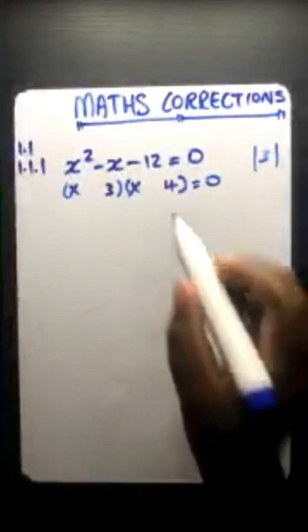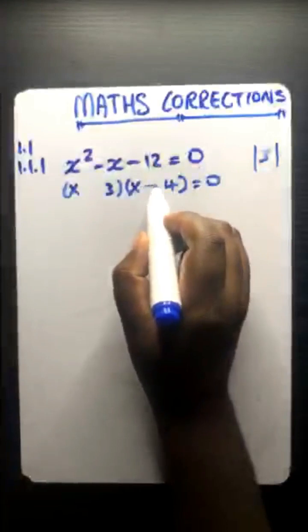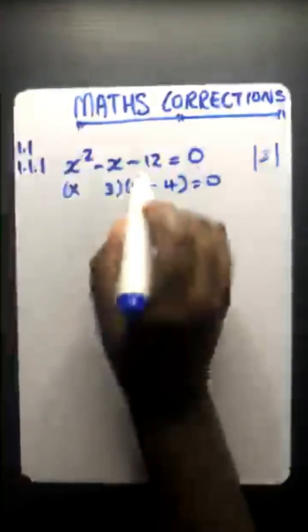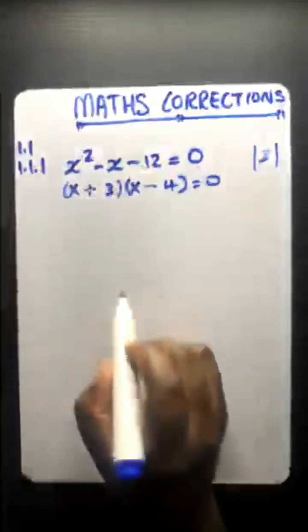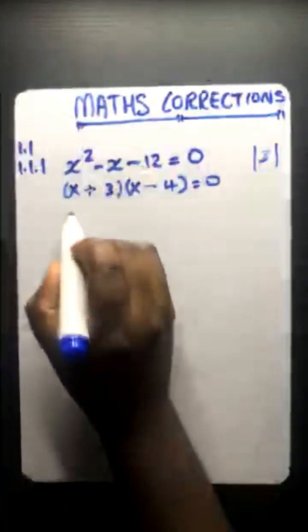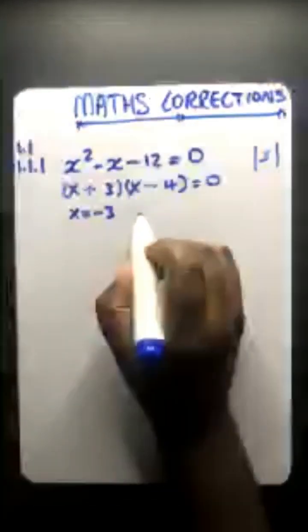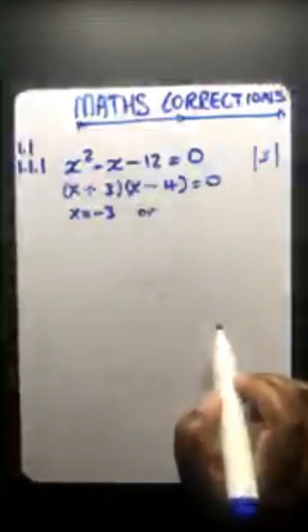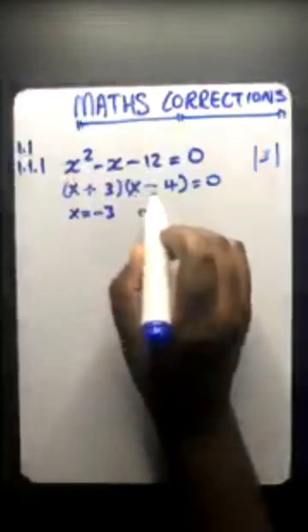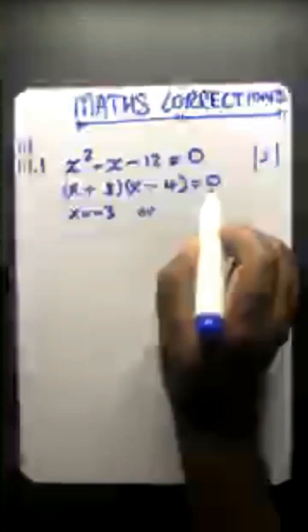Most importantly, the bigger number takes the sign of the middle term. It's going to be negative, and then to get a negative 12, it has to be a plus there, meaning I'll just have that being equated to 0. x plus 3 equals 0 goes to the other side, and then x is equal to negative 3. Also, x minus 4 is equated to 0.